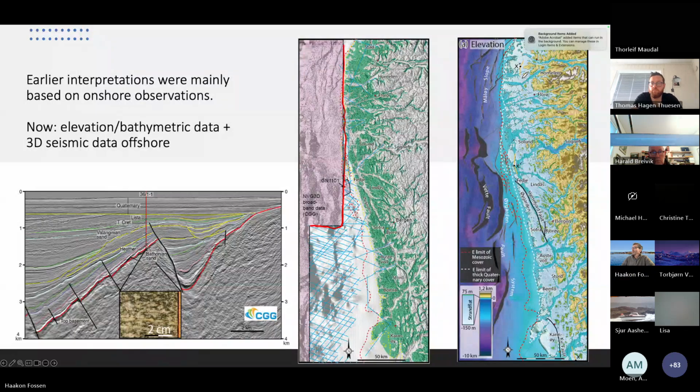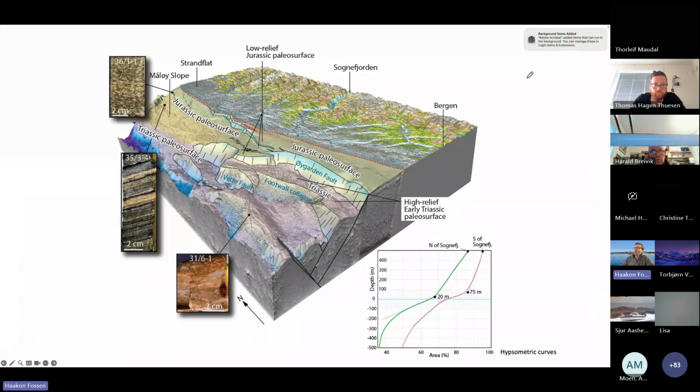That's the strandflat. We look at this from the southwest, it will look something like this, the seismic data offshore. And now we have removed all the sedimentary layers and rocks offshore, and we're looking at the same surface, not exactly the same surface, but the top crystalline basement surface onshore.